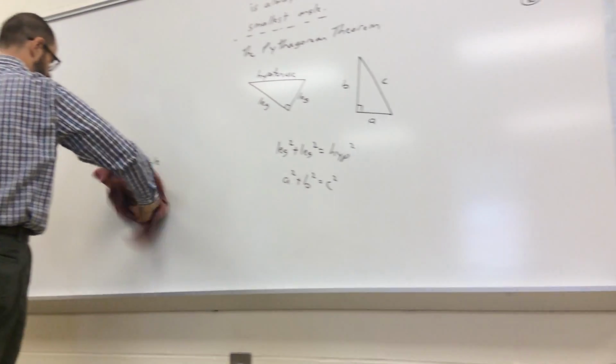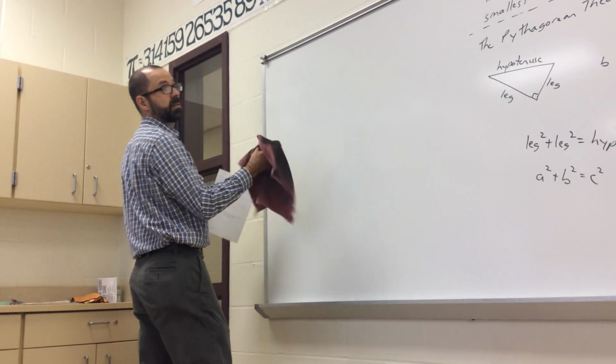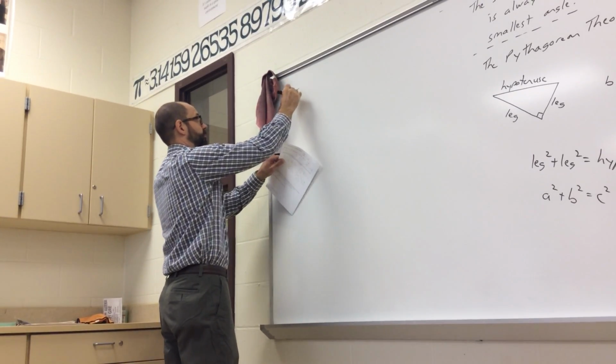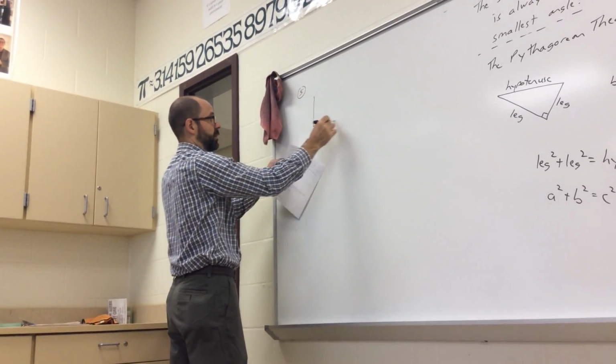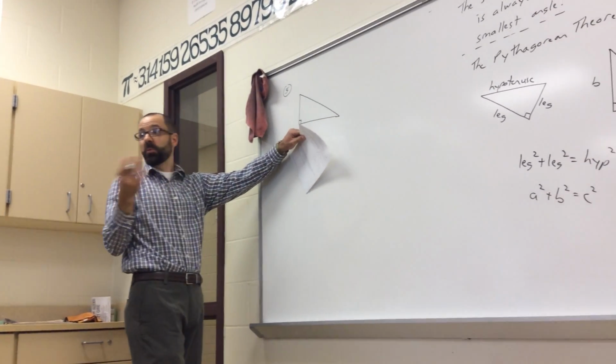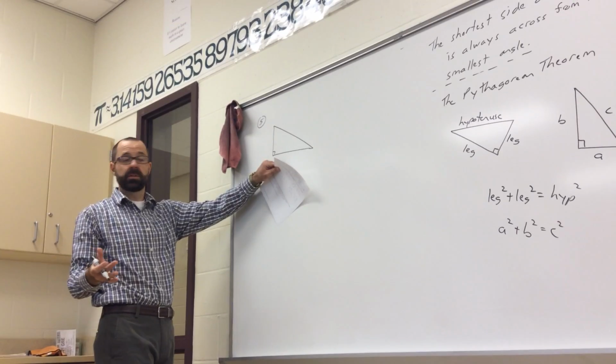Here's the next one. This is number 5. So we have another right triangle, which is good news because we'll be able to use the Pythagorean theorem.